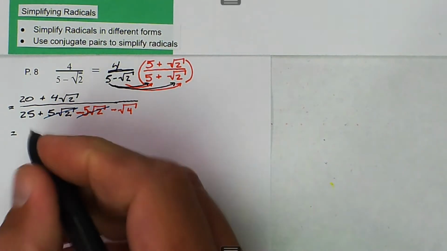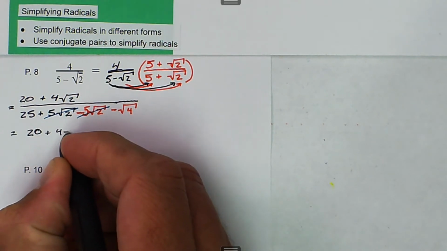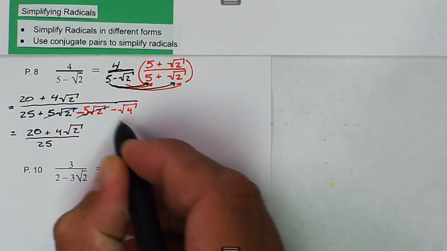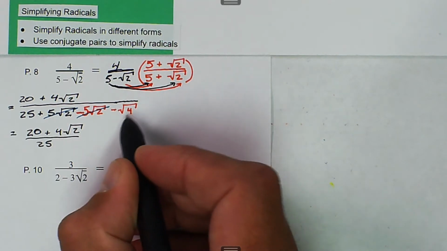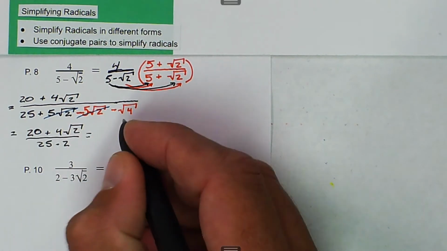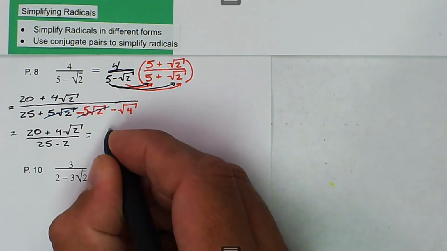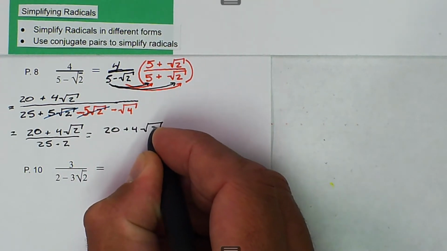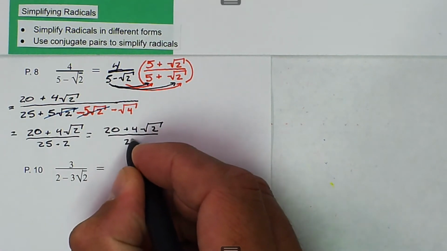So I can write this down as 20 plus 4 square root of 2 divided by 25 minus 2. We can't reduce anything in the numerator, so that's just going to stay 20 plus 4 square root of 2, and 25 minus 2 is 23.